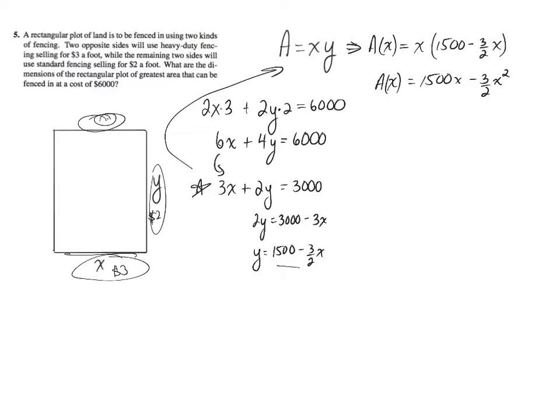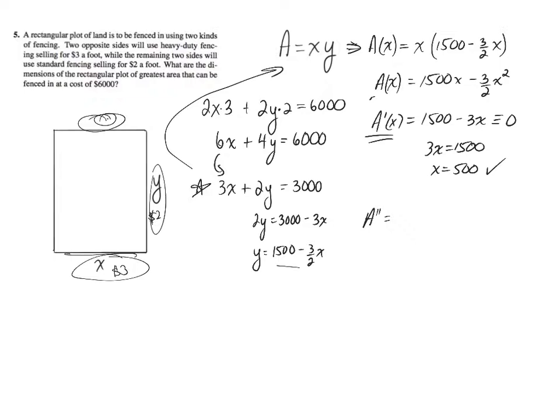This one looks like it's going to be pretty friendly as far as taking the derivative. We can now take the derivative and set it equal to 0. We get 1,500 minus 3x equals 0, and we get 3x equals 1,500, which means x equals 500. Now, to find out if that represents a maximum area, we could check the second derivative test.